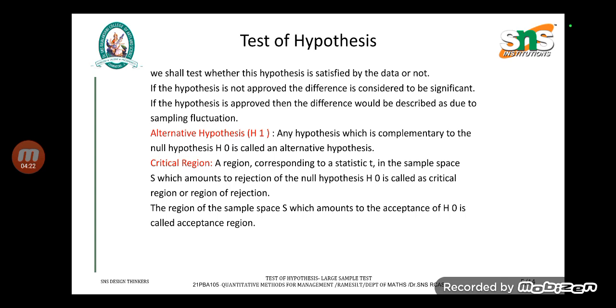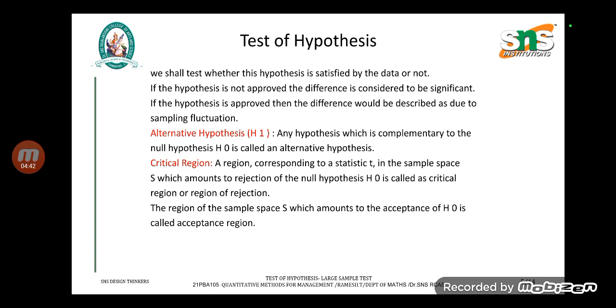Next, the critical region. A region corresponding to a statistic in the sample space capital S, which amounts to rejection of the null hypothesis H0, is called a critical region or region of rejection.